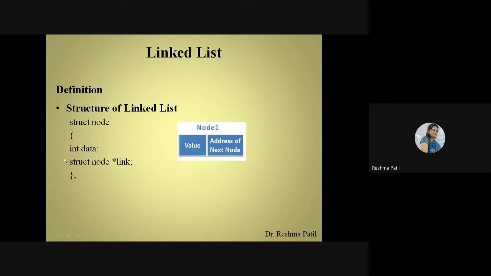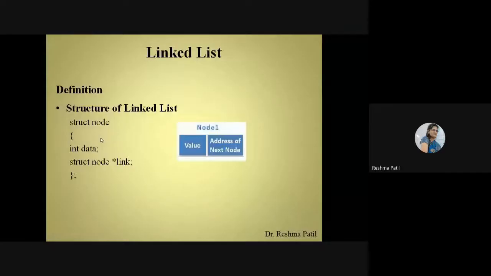This is also called as a referential structure. Referential structure means if the structure contain pointer to itself. This is the pointer. For what we have written this pointer? Pointer to the structure only. Data type is structure only, struct node.